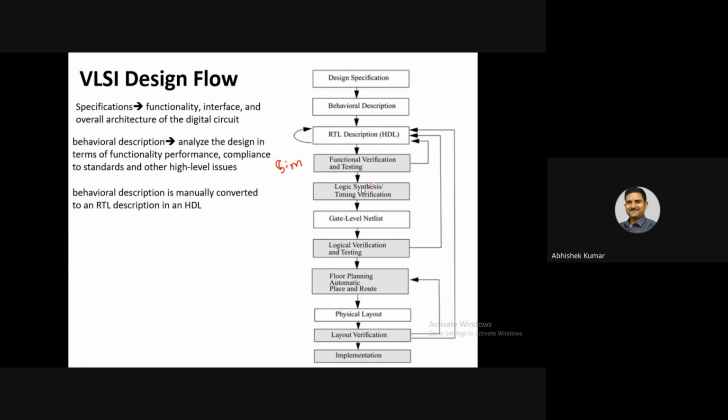The next step is synthesis. During synthesis, we convert the design into a gate level netlist. All the components and all the structures must be mapped into the equivalent hardware, and that hardware is made up of logic gates.